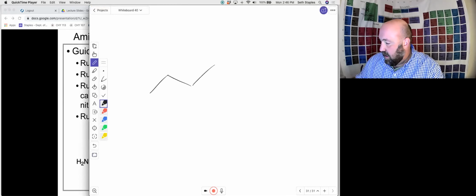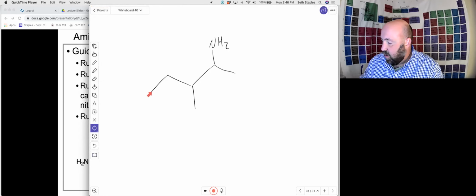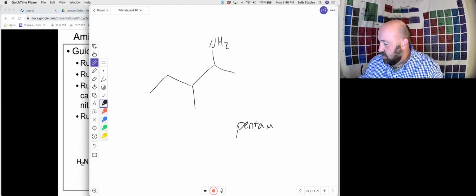Same thing, if we had other substituents hanging off, we would still name it in the same way. Let's say we have maybe this compound here, NH2, and we have maybe a little methyl group hanging off right there. So we would identify our longest carbon chain, 1, 2, 3, 4, 5. So we're going to get the name pentanamine, because it's derived from an alkane.